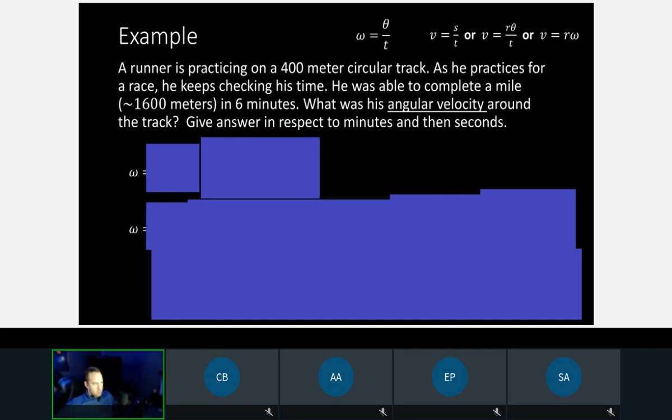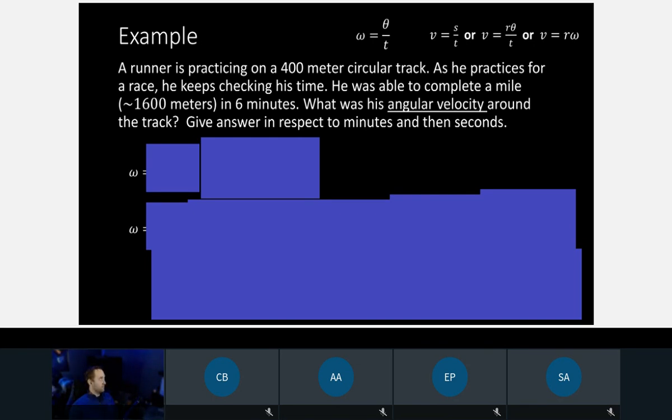Anybody brave enough to put their two guesses, or want to explain how you came to those values? Well, no one's brave enough.